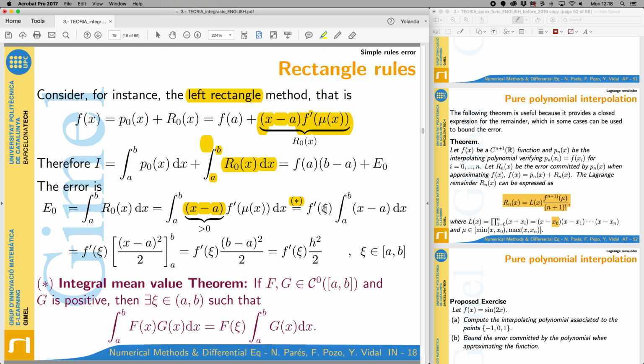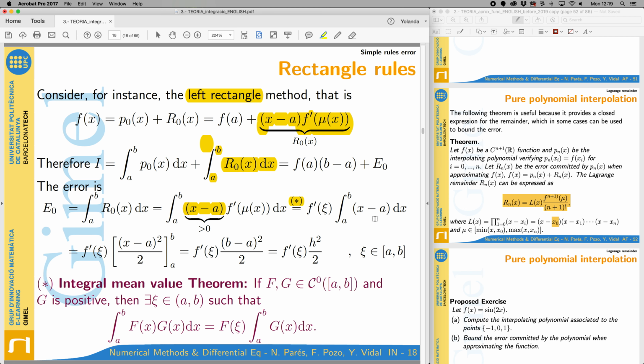This is a very good place to apply this theorem, because before I didn't know where I should evaluate f prime, and neither do I know it now. The situation is pretty similar, but now I am capable of writing f prime outside of the integral.